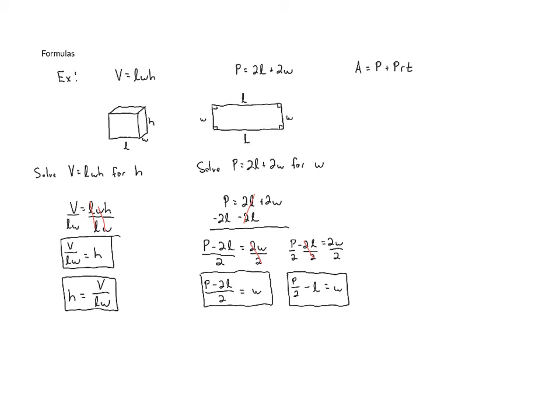Now, why would we want to solve this formula for W? Well, you might be building a garden in your backyard, and perhaps you know how much fence you already own.